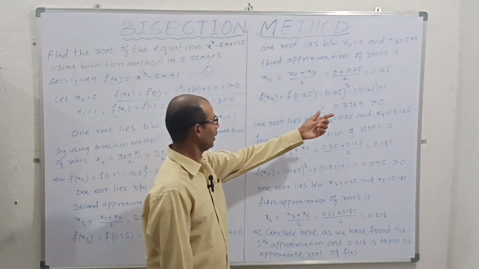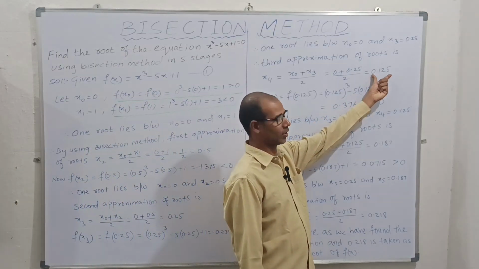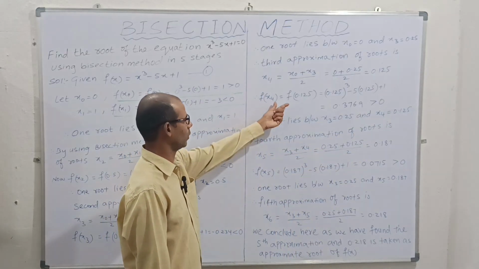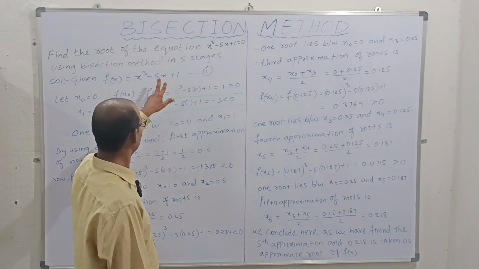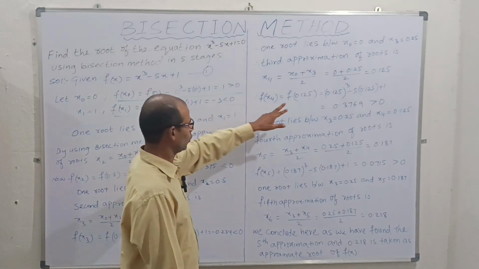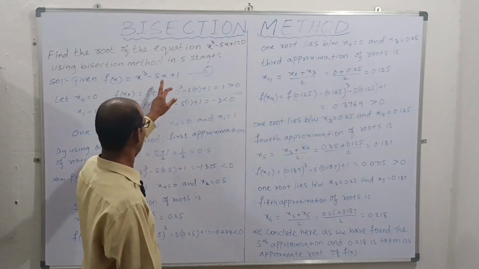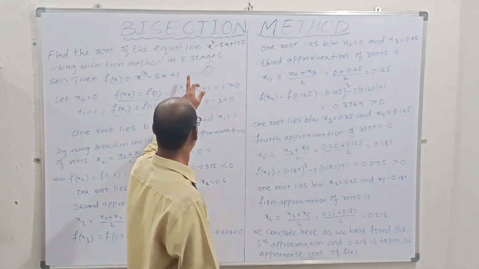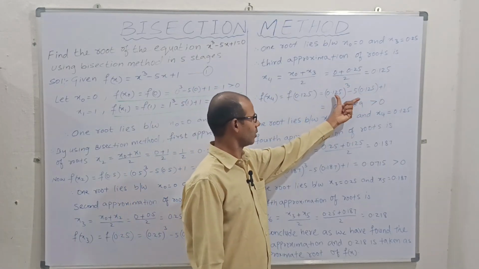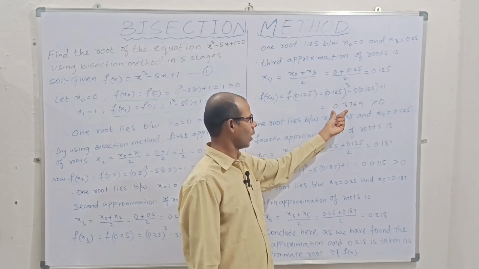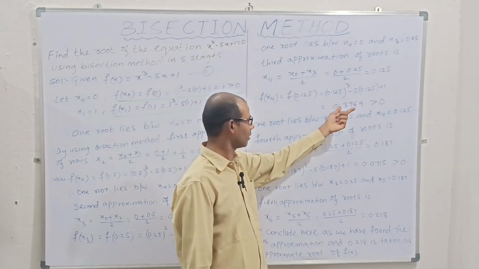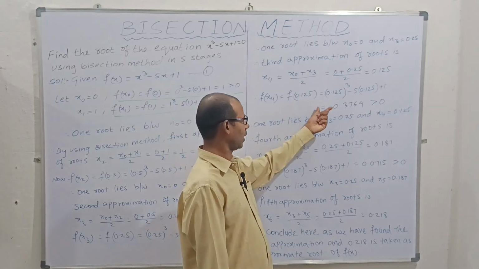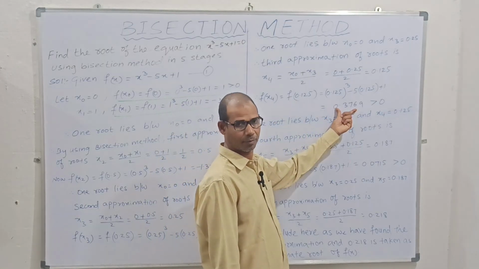Now we will find the value of the function at this point, 0.125. So f of x4 is equal to f of 0.125, that is 0.125 whole cube minus 5 into 0.125 plus 1. If I simplify this, we get 0.3769. So what is the function value here? The function value at 0.125 is positive, right?